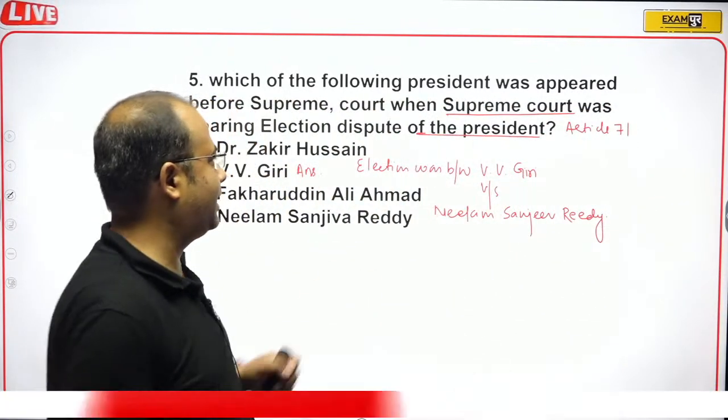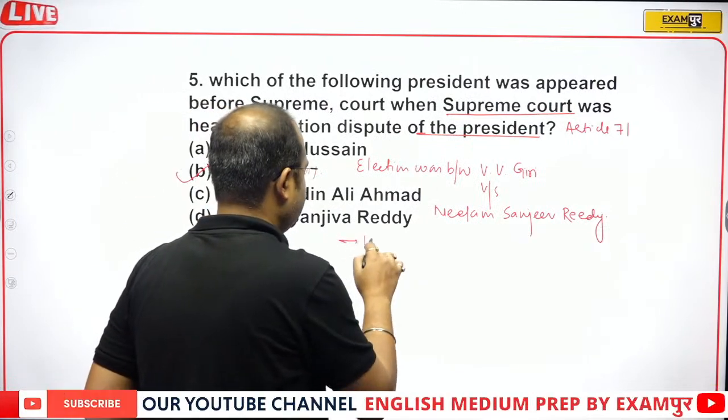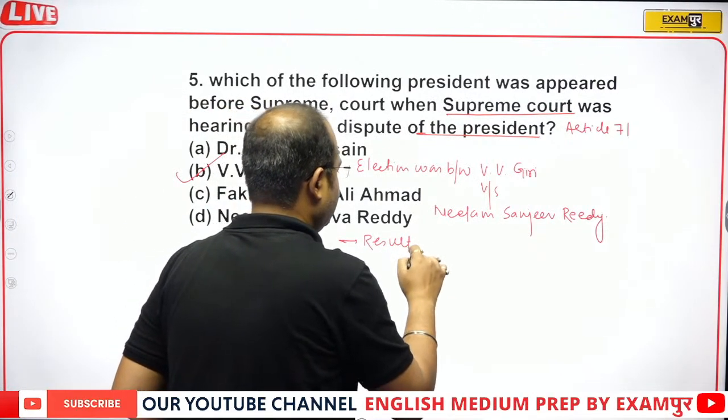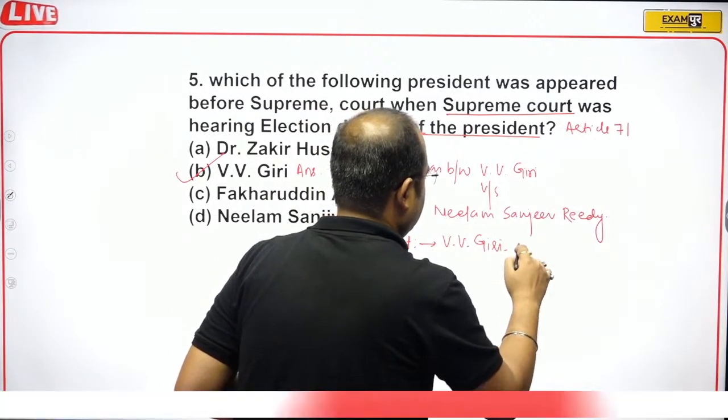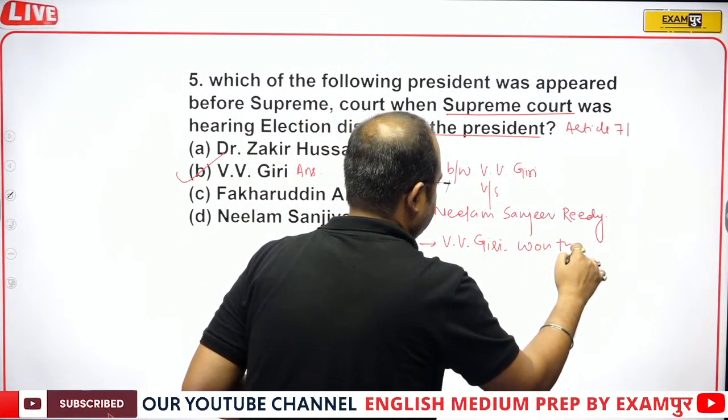The result of the election was that V.V. Giri defeated Neelam Sanjeeva Reddy. V.V. Giri won the election.